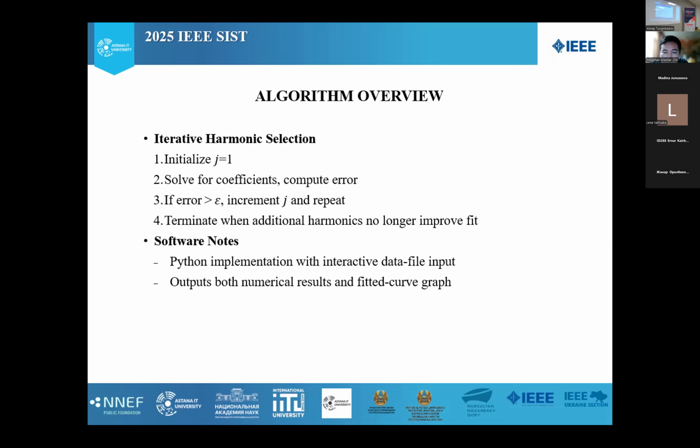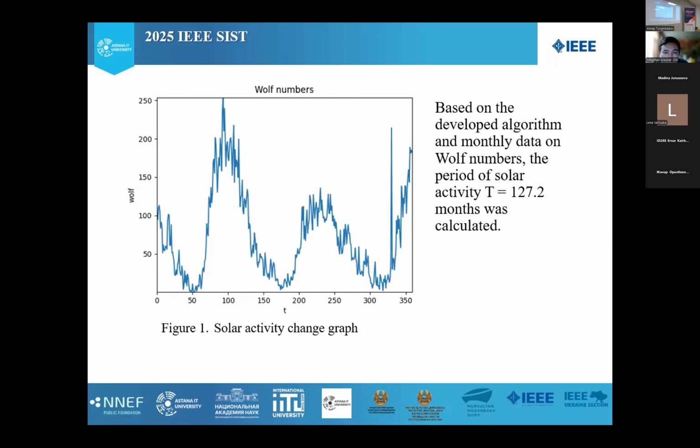Fourth, terminate when adding more harmonics does not significantly improve the fit. Implementation notes: our algorithm is written in Python, with input of a single text file, one data point per line, and outputs both a text file of numerical results and a plot of the fitted series.